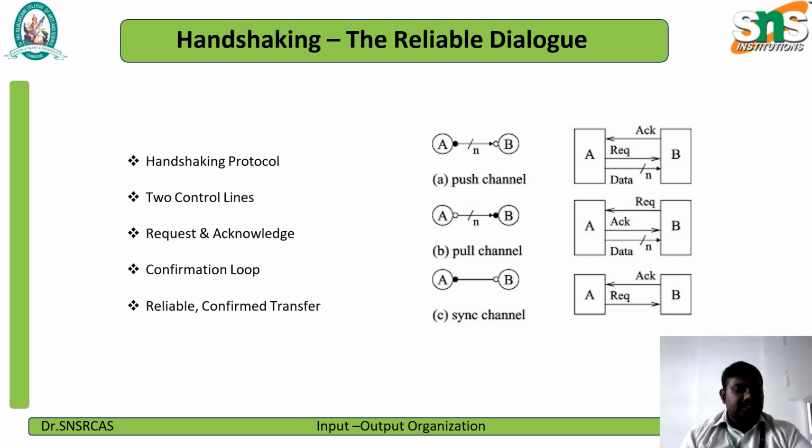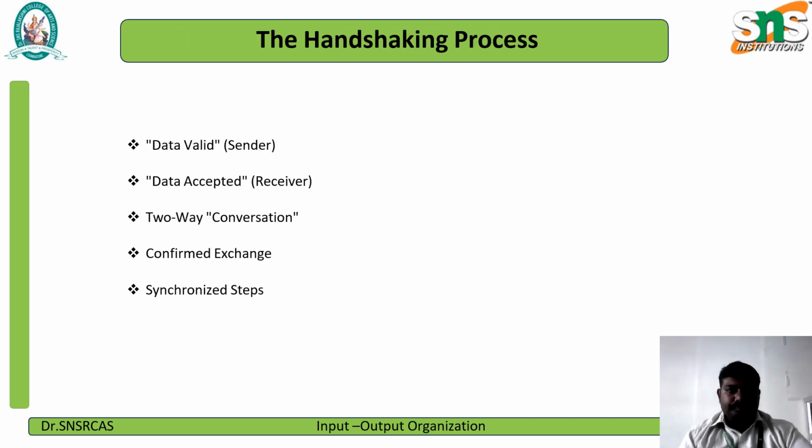This can involve the use of signals such as acknowledgement, also called ACK, and ready, RDY, which indicates that the receiving device is ready to receive, or that the sending device has completed the transfer. Handshaking is the process of data valid and data accepted, a two-way conversation.